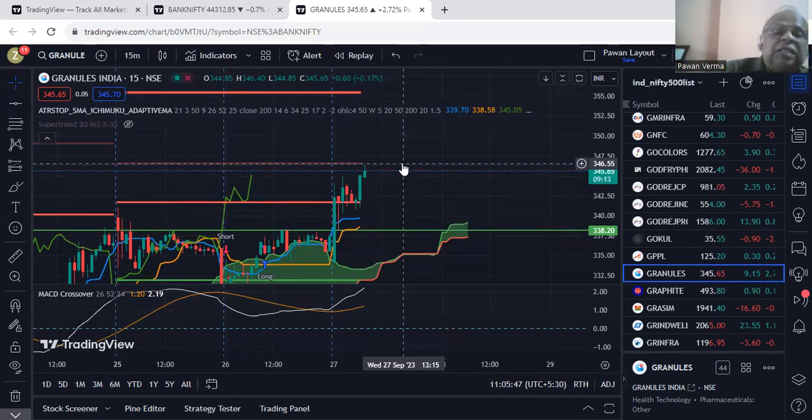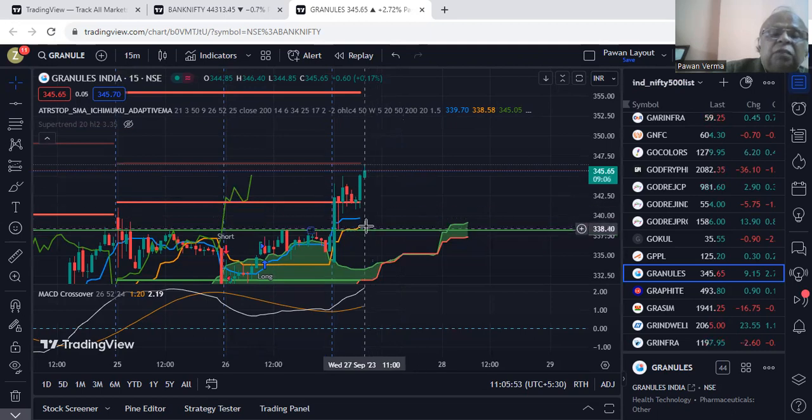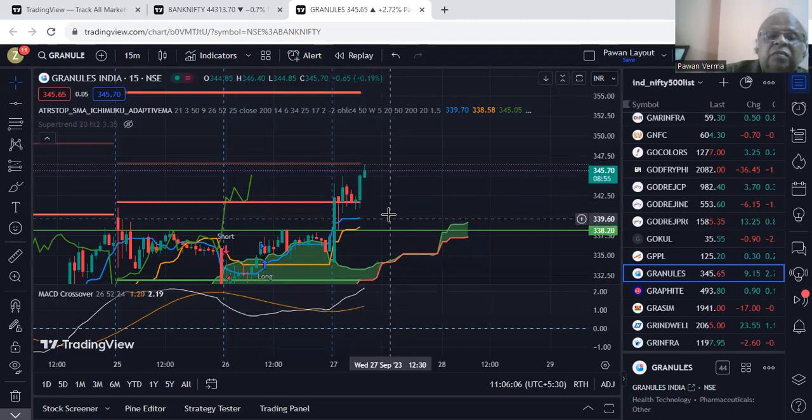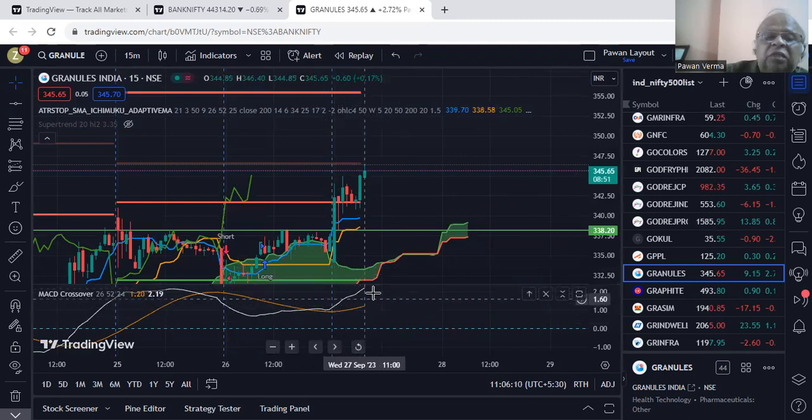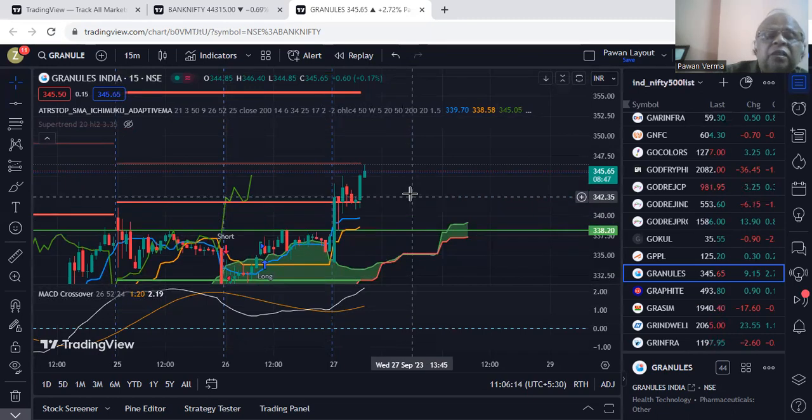How will you just check it? First of all, the potency in the Tenkan-sen and Kijun-sen right now is quite high. First of all, just visualize. So MACD is also showing the same potency.